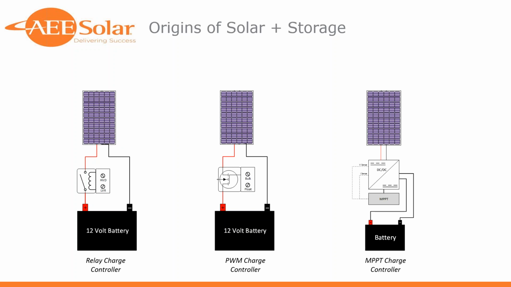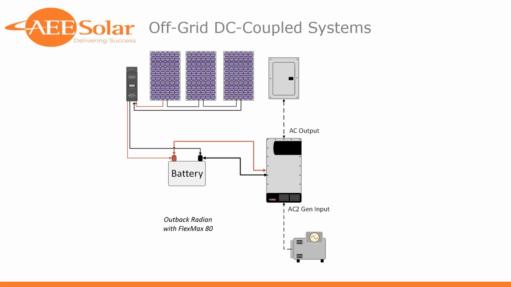So having come from that background, I think it's obvious why the initial inverter systems that we saw in the market were DC coupled. Charge controllers were prevalent before inverters became cost effective, and that's just kind of how the industry evolved. So I've got here a really simple block diagram of a typical off-grid DC coupled system. I'd say typical.